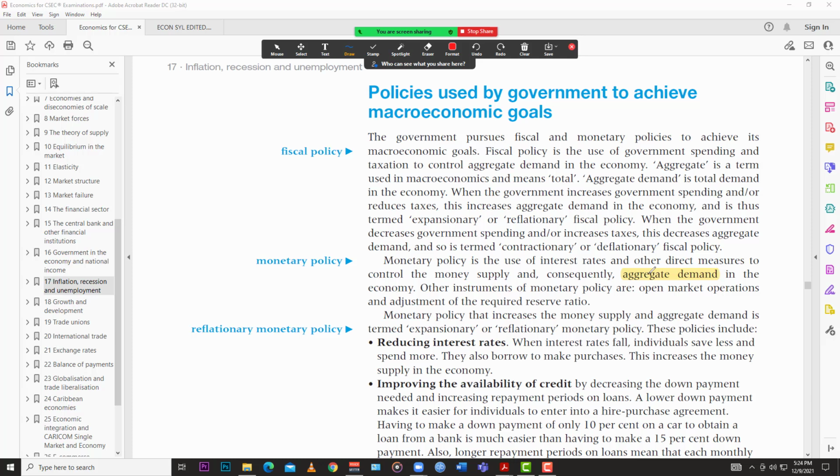When the government decreases government spending and or increases taxation, this decreases aggregate demand and is termed contractionary or deflationary fiscal policy. So let's clear up that right now.